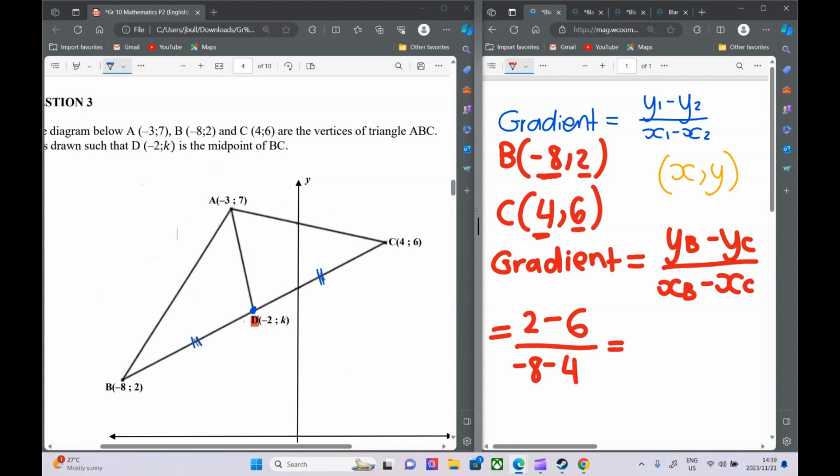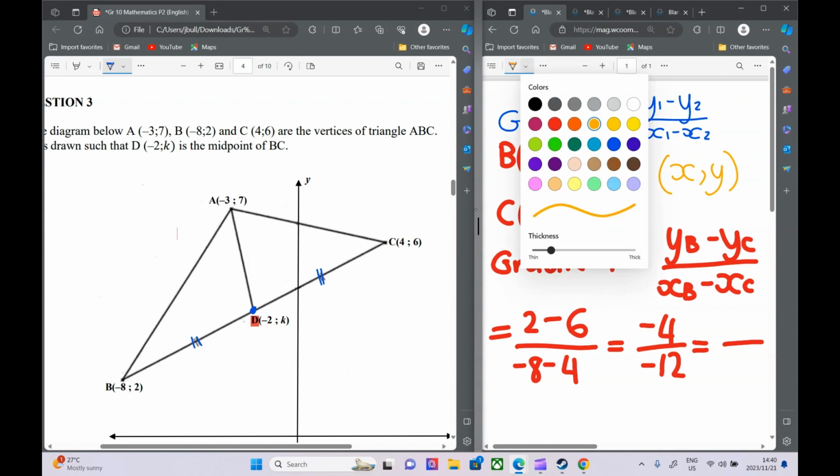Let's simplify at the top. So 2 minus 6 is -4. At the bottom, -8 minus 4 is -12. Okay, then we've got a fraction that we can simplify. So a minus divided by a minus means actually we've just got a positive. And we can divide top and bottom by 4. So let's get a different color just so we can keep track of what we're doing here.